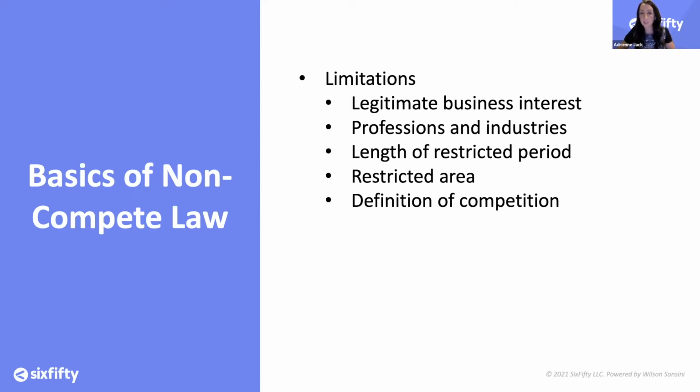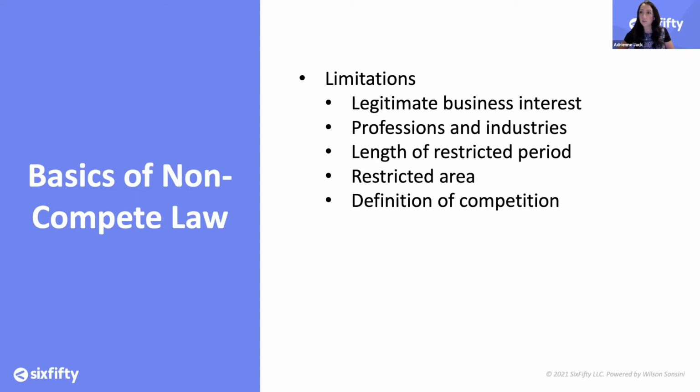But some factors that companies definitely should be looking at is, first, the length of the restricted time period. This must be reasonable. The shorter the time period, the more likely it is that the restrictive covenant will be enforceable. In many states, there's no standard restricted time period. In a handful of states, they have a period of time that is considered presumptively reasonable for non-compete provisions.